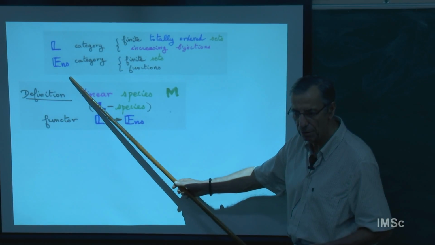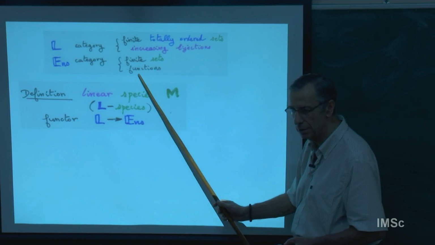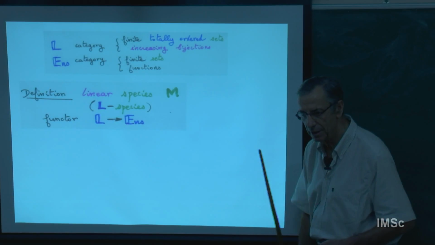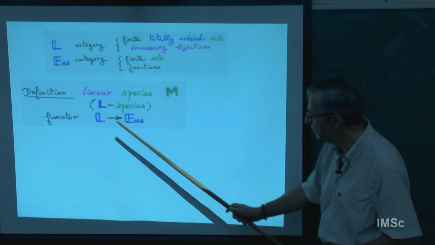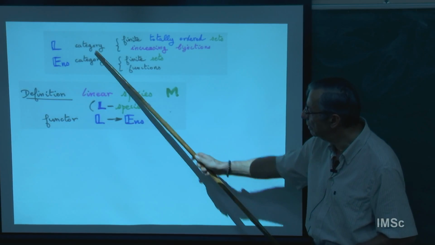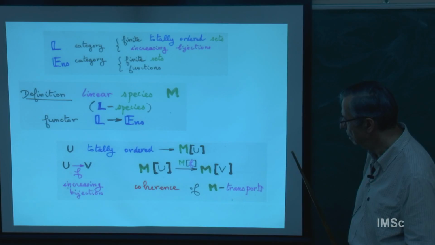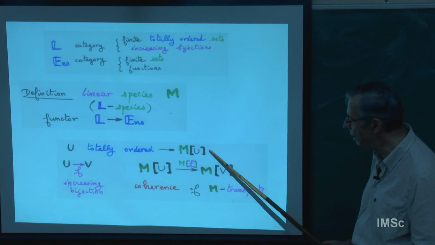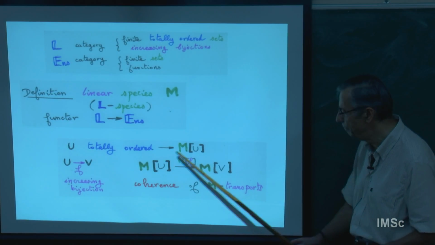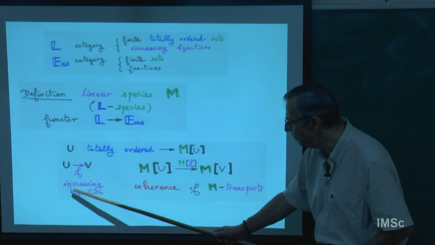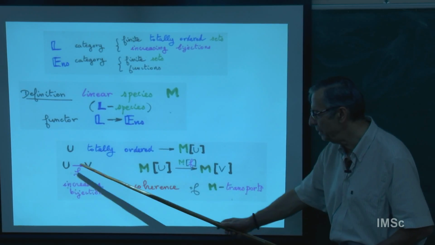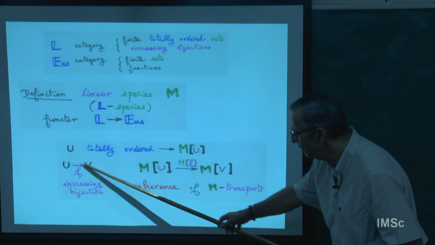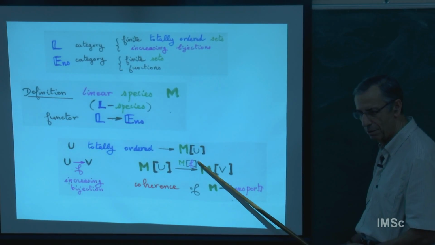And again, as before, for the first species, usual species, finite sets and functions. And then the linear species, the functor, in the same way as we defined last time for the first species, from L to the category of ensembles, or sets, such that if you have a total order set U and you have the list of all M structures on U, then you can transport all the structures on V as soon as you have a transportation, which means an increasing bijection from U to V. And then for each f going from U to V, you can define M of f, the transport of the bijection.